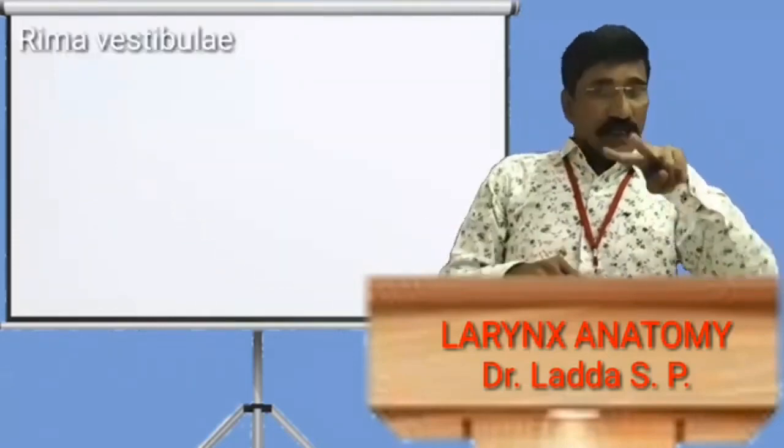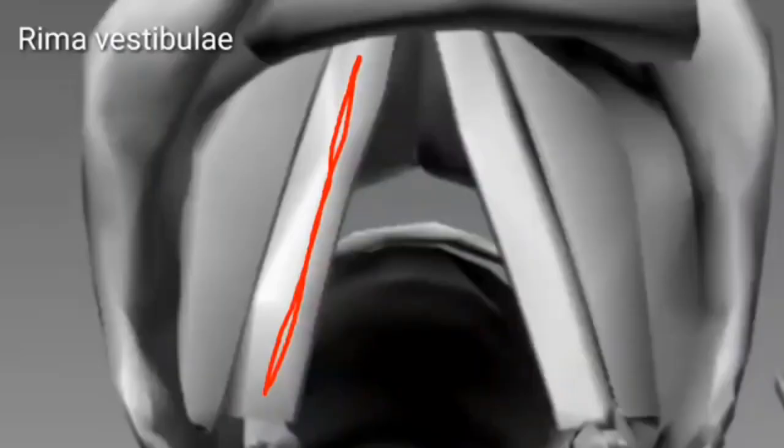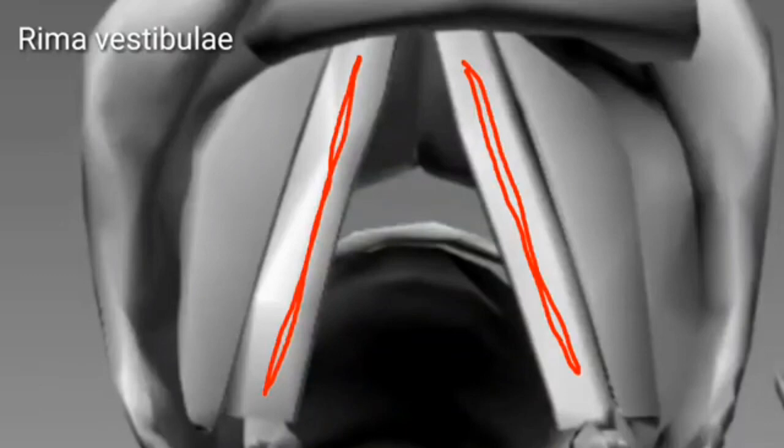vocal folds are there. Now this is one vestibular fold and this is another vestibular fold. The space between these two vestibular folds is called the rima vestibuli. It is because the space is between two vestibular folds.